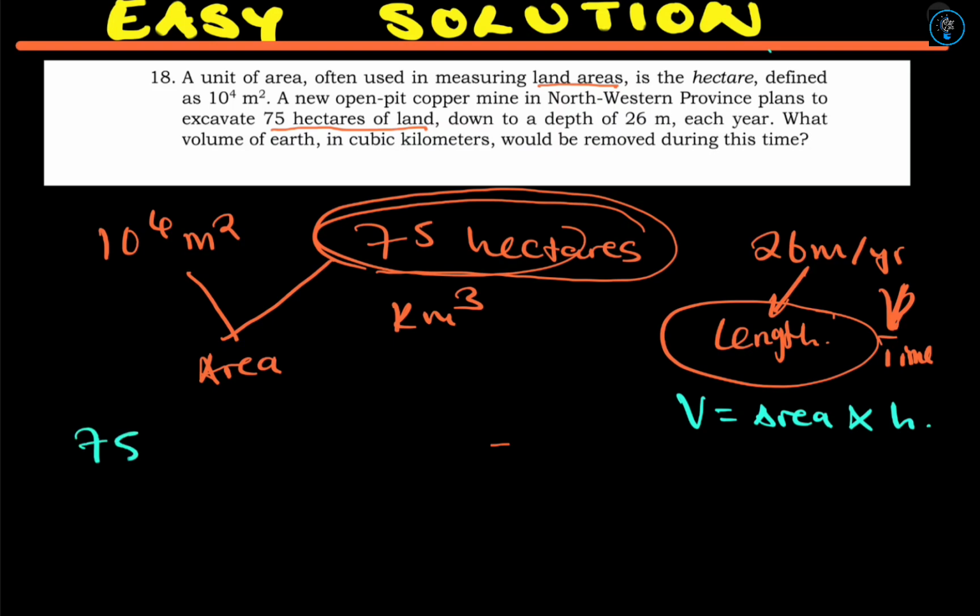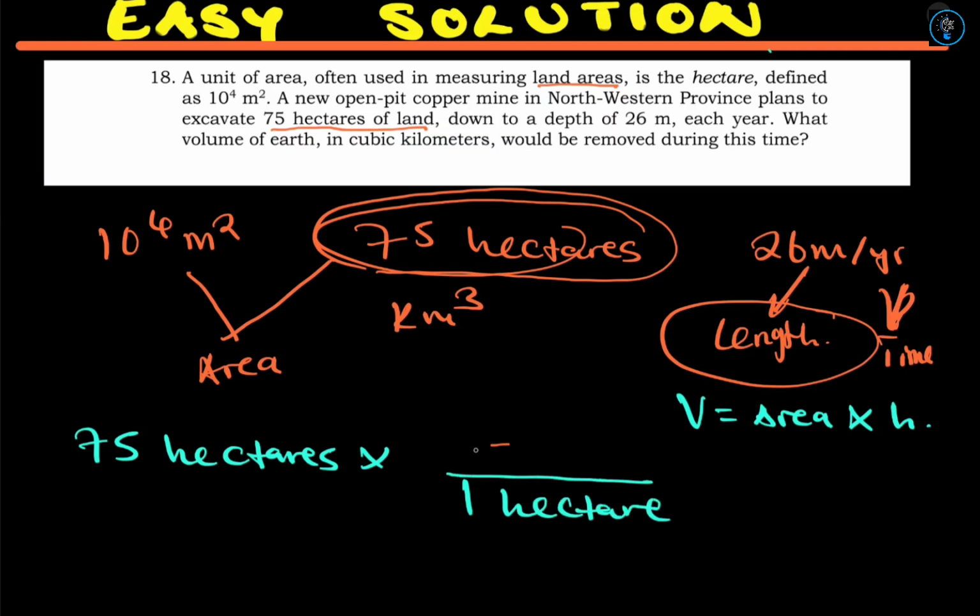So we know that we are given 75 hectares of land, and we know that a hectare is equal to 10 to the power 4 square meters. So now we can find our area in square meters as 75 times 10 to the power 4. That will give us 75,000 meters squared. Wow.